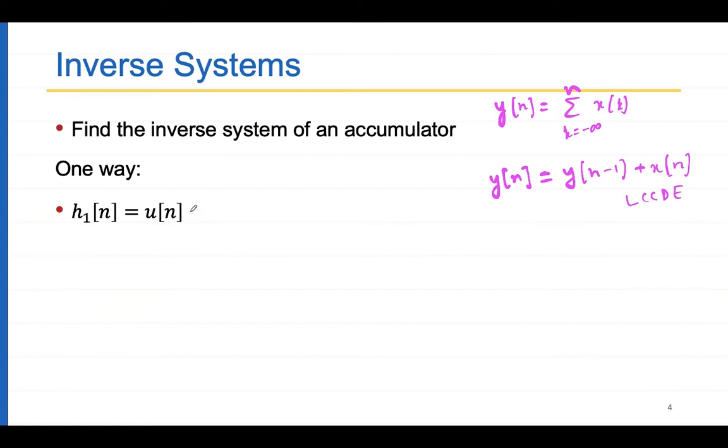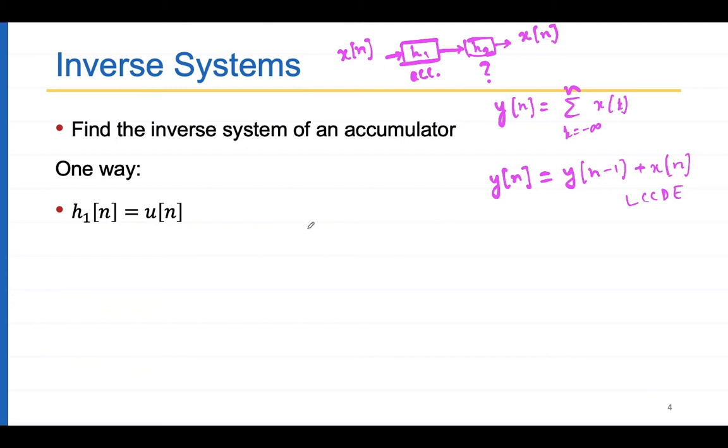Now my h1 is an accumulator, and my h2 is what I have to find. So what should be my h2? If this is an accumulator, what should be my h2 such that the overall effect is unity, so that if I feed an x of n here, in the output I also get an x of n? This is the question.